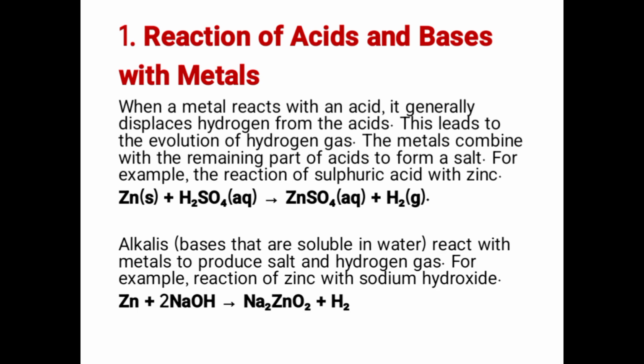And then alkalis, that's soluble bases, also react with moderately reactive metals, e.g., zinc, to form sodium zinc oxide, and then, of course, hydrogen gas is also liberated in the process.